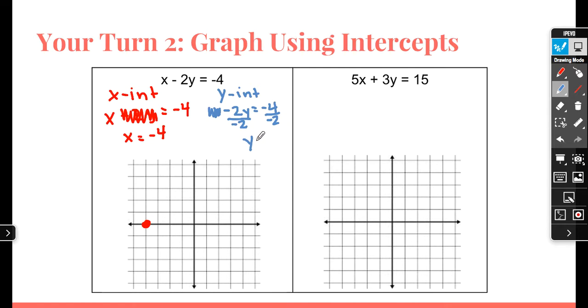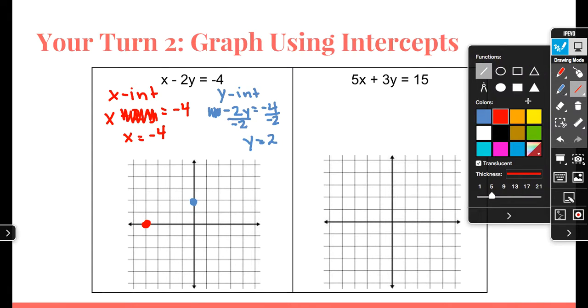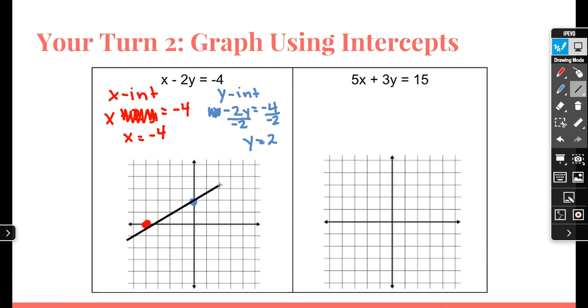And I find that y equals 2. So for this one, this is my y-intercept. It goes on my y-axis. Y is 2. Once I have those, I can draw my line. So my line is going to go through those 2 points. There is the graph of my linear equation.